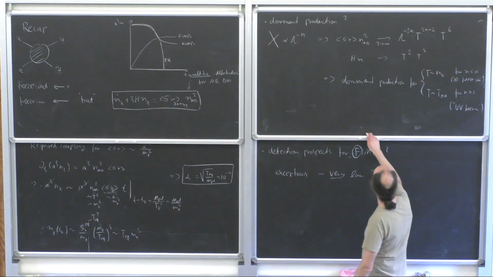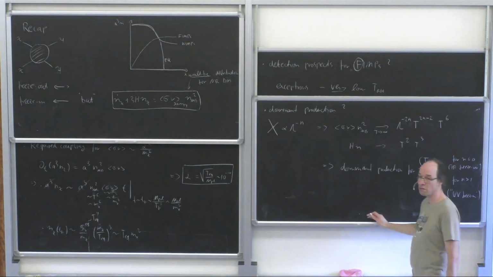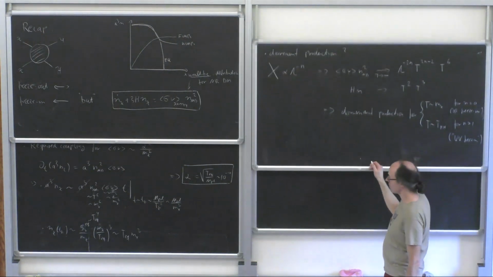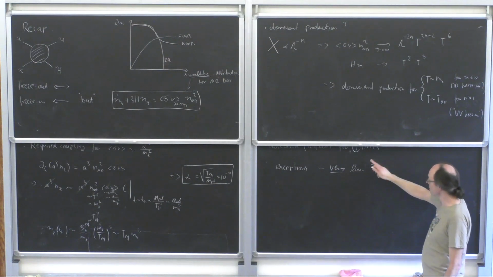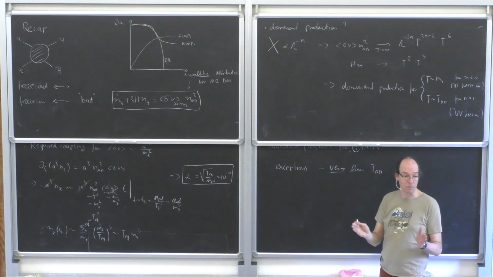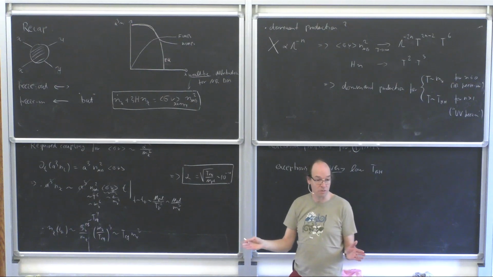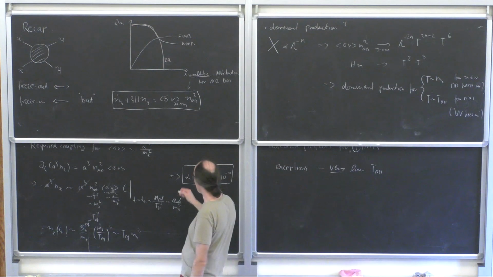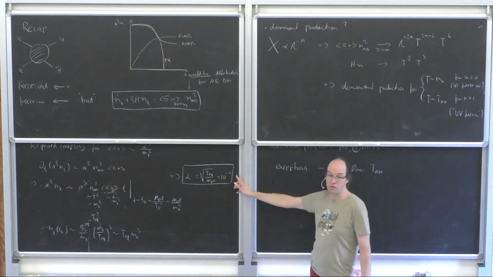And then you can play games with these kind of considerations here, because if you have something that is UV dominated, and the reheating temperature is very low compared to the dark matter mass, then you don't have a lot of time to produce dark matter, meaning that the coupling that you need will be much, much larger than the generic estimate.